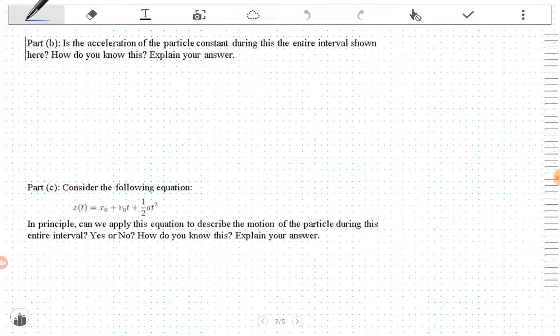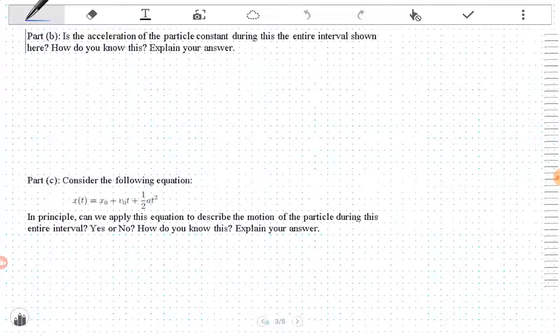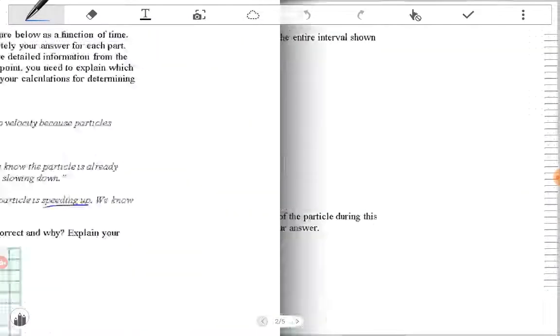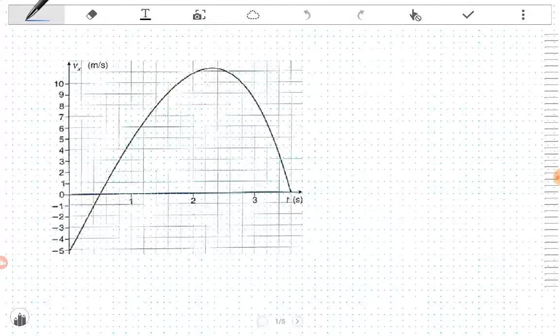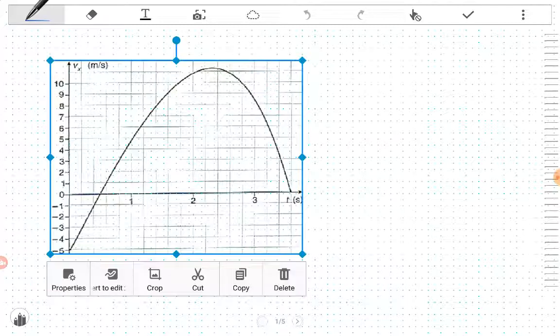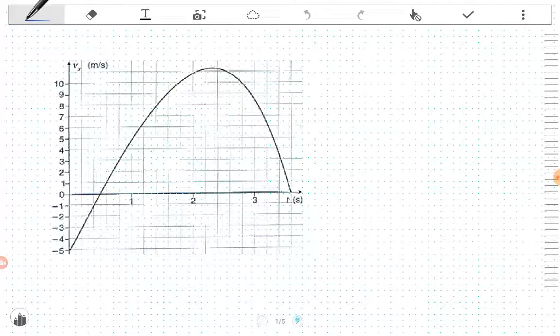Is the acceleration of the particle constant during this entire interval shown? How do you know this? Explain your answer. Well, we'll look at the curve and see whether it is right or wrong. We'll just make a copy of this one.